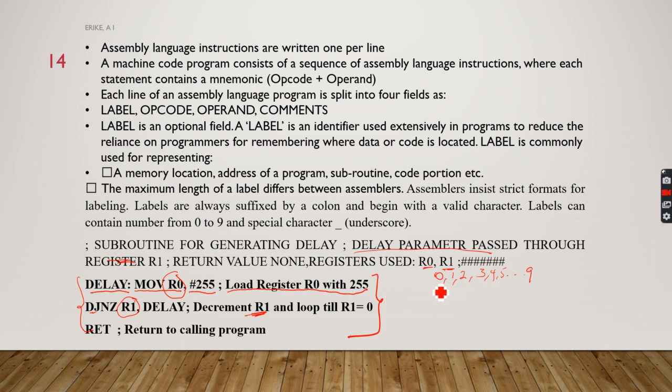When we say decrement, it's actually counting this way instead of that way. In the process of doing this counting, it is waiting. There's a time delay in the process. When it finishes, this instruction says return to program. That is how you create a routine that you can use to generate delay.